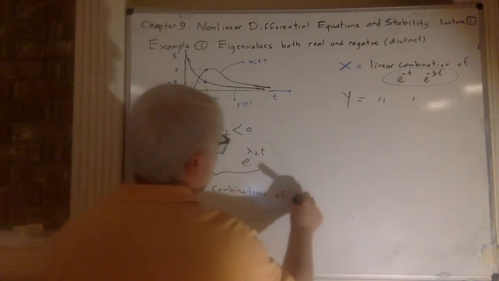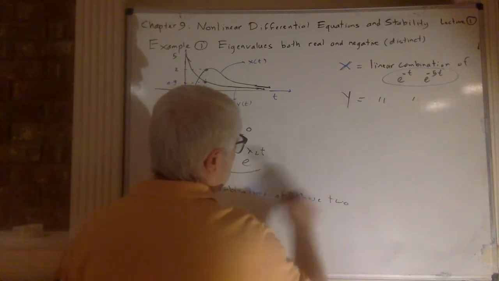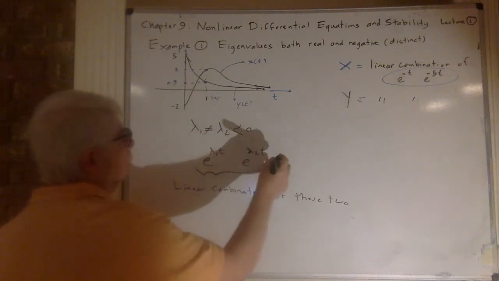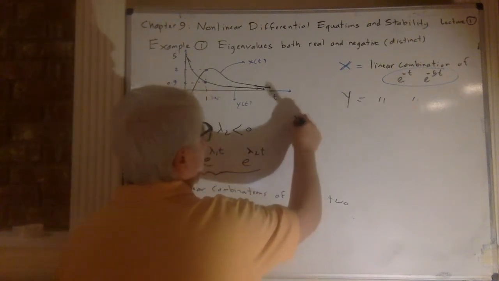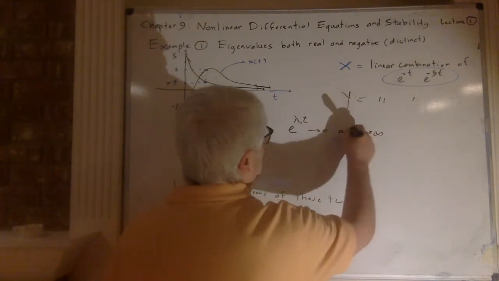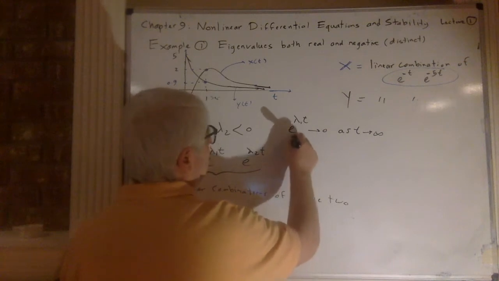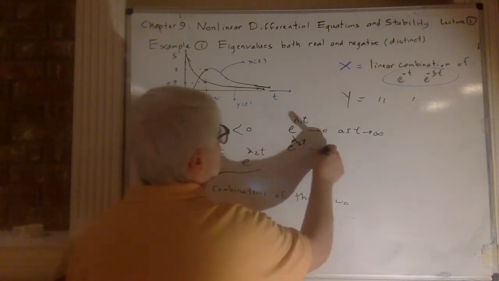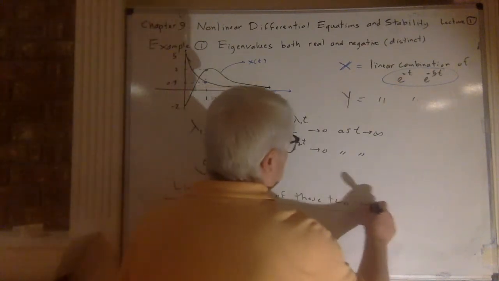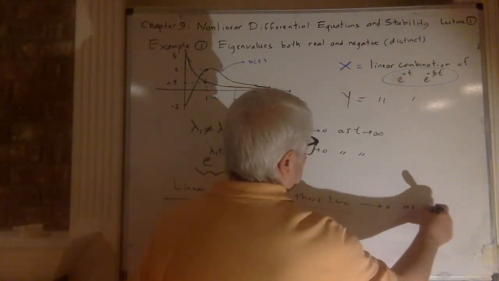I know that if they are negative, both of them go to 0 as t goes to infinity. So any linear combination also goes to 0 as t goes to infinity.